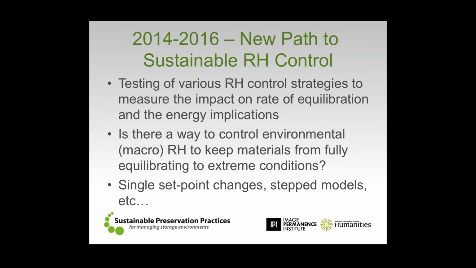Are there different tests or scenarios that will slow this overall equilibration rate and avoid hitting those very low relative humidity conditions in wintertime, which are key, as well as the high RH conditions in summer? Can we use the mechanical system to slow that rate of equilibration and never reach those seasonal extremes that existed otherwise?